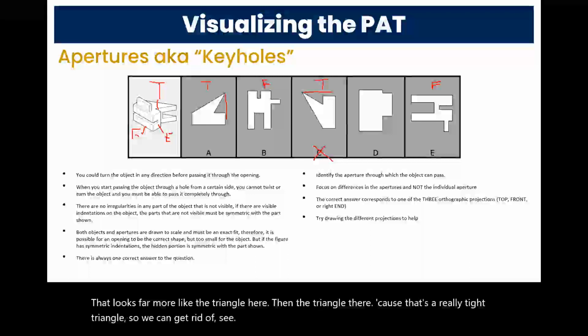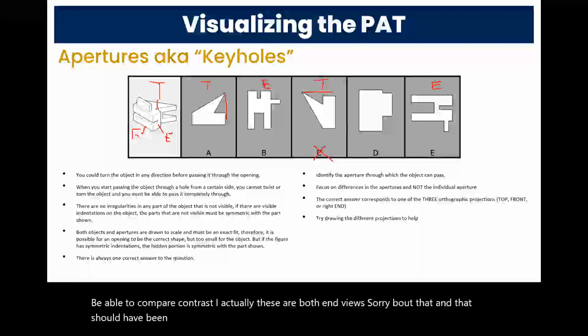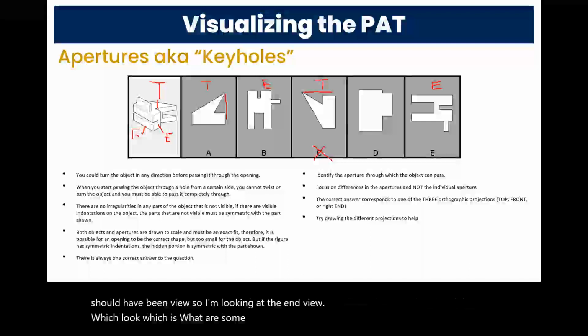And then switch to a different view. Be able to compare and contrast. Actually, these are both end views. Sorry about that. That should have been end view. So I'm going to look at the end view. What are some differences in the end view?